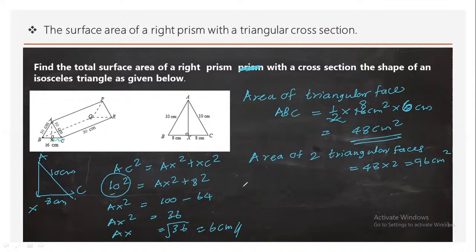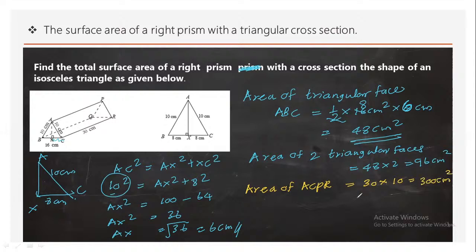Area of the rectangular face ACPR. How much here? Breadth is 10 centimeter, length 30, so 30 into 10 centimeter is 300 square centimeter.